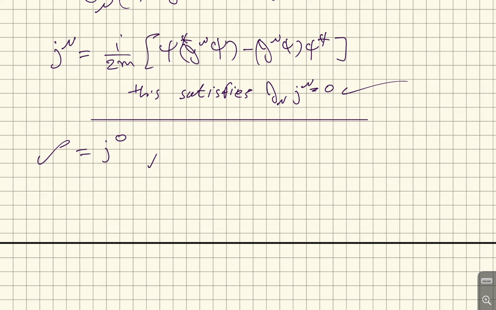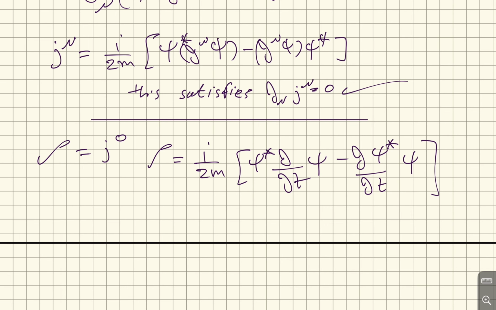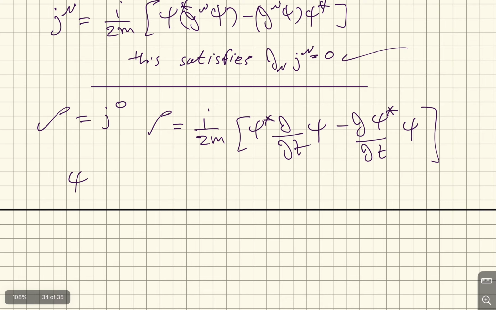That means rho is equal to i over 2m of psi conjugate partial t psi minus partial t psi conjugate times psi. And psi is the plane wave, remember?